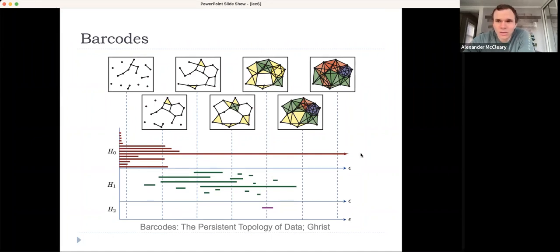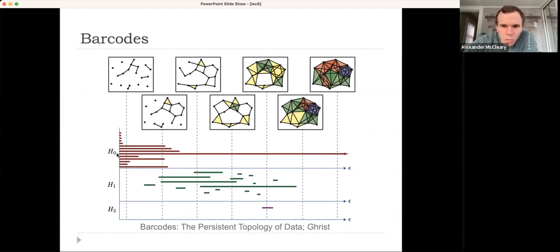And this is because zero-dimensional homology is just counting connected components. Of course, every connected component begins at 0, because we're working with Rips filtrations where we start with just all our vertices. So we're starting with all of the connected components, and then we're linking them up, which corresponds to killing connected components, all the way out until eventually we have just one connected component.